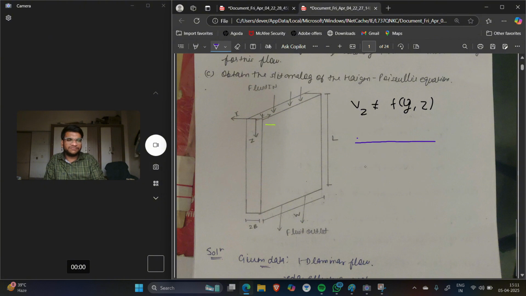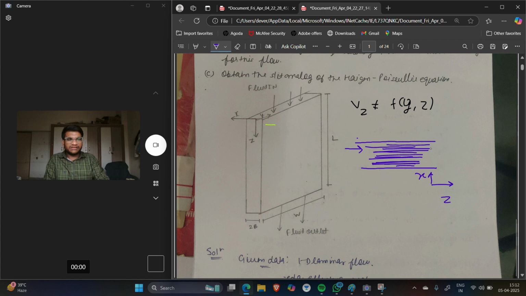The fluid is moving in this direction, this is my z direction, and this is my x direction. These are the layers of fluid. Now understand, velocity is constant in the z direction.